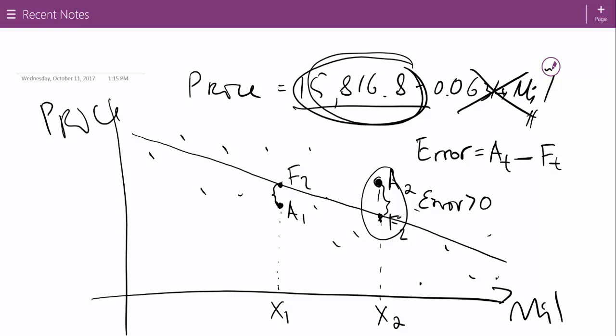Errors can be negative and positive, and what characterizes a good model is that negatives are approximately the same as positives, right? The number of positive errors that I'm making is about the same as the number of negative errors that I'm making, right? So I'm as frequently over-predicting the price as I'm under-predicting the price, okay? If I start having more positive errors, like that, that means I'm more often under-predicting the price, right?